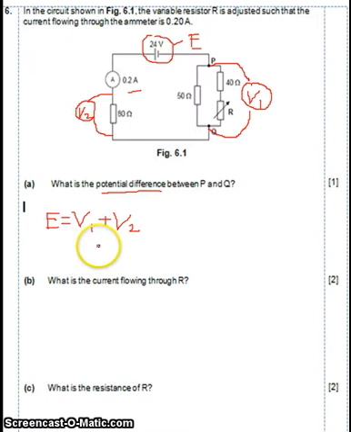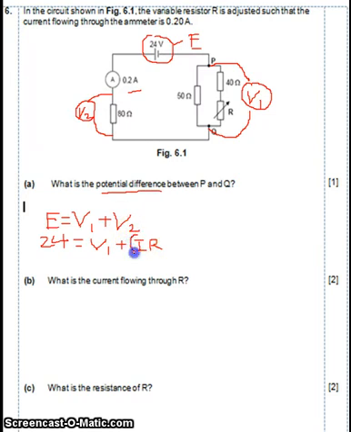Okay, so there are some knowns and some unknowns. The EMF is known, and it's 24. V1 is the potential difference across P and Q, and therefore is unknown, plus V2. V2 will be equivalent to I times R. So the I will obtain from the current over here, and R will be the resistance of this resistor.